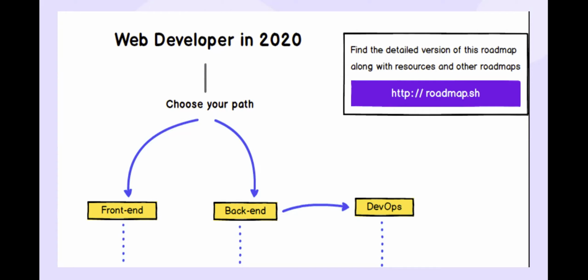So I said as a developer, you have a lot of options. As a backend developer, you can choose Python with Django, or you can choose PHP with Laravel or Codeigniter.